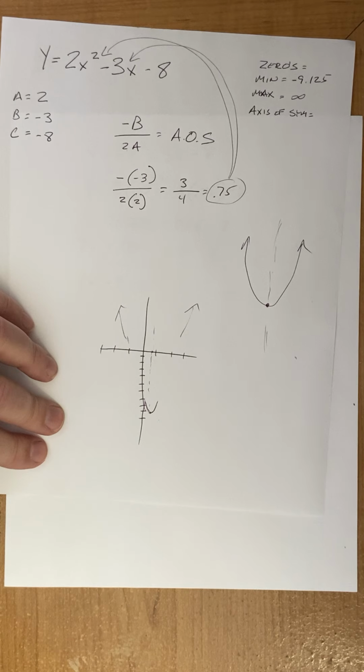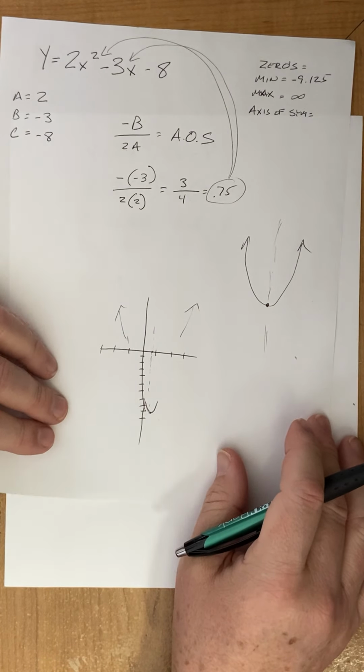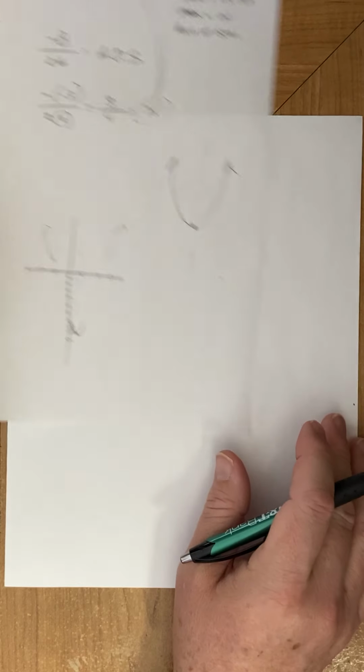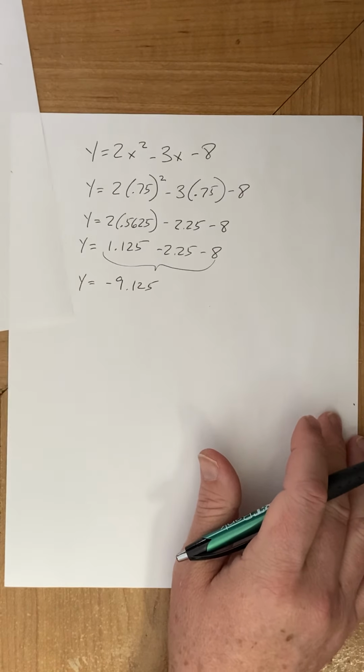So for the zeros, there are a few different ways to do it. I like the quadratic formula. Some people like completing the square. Either one is fine, but I'm going to use the quadratic formula.